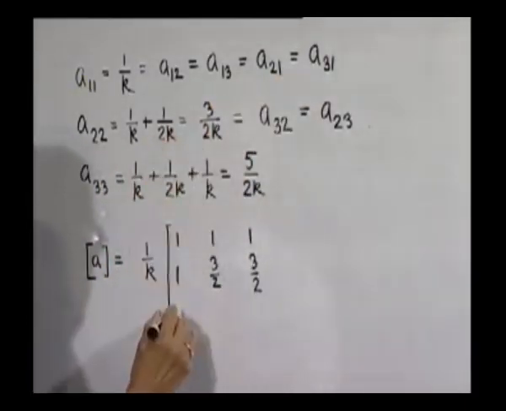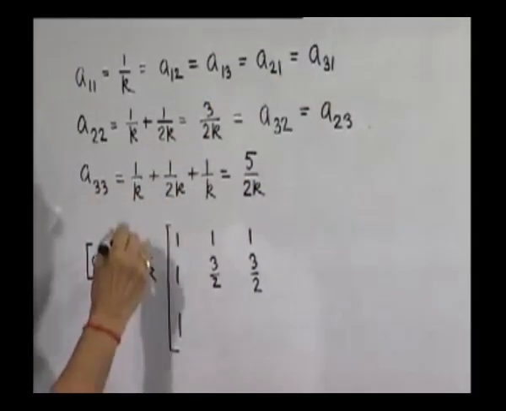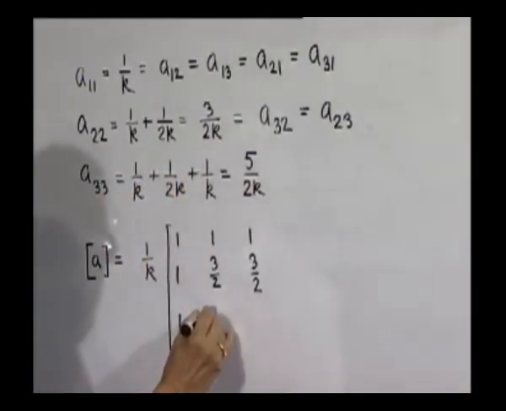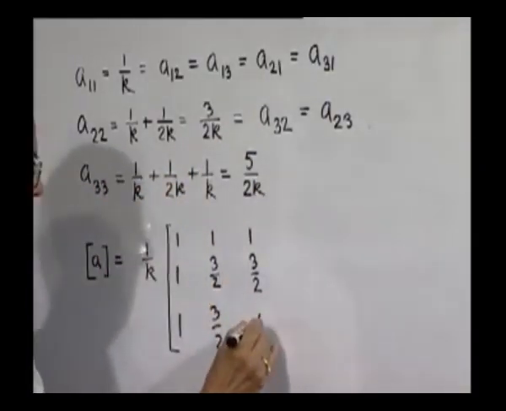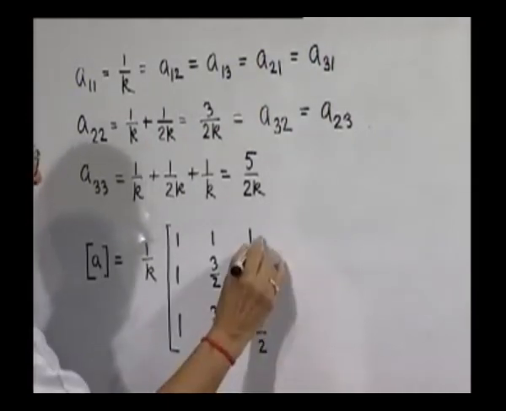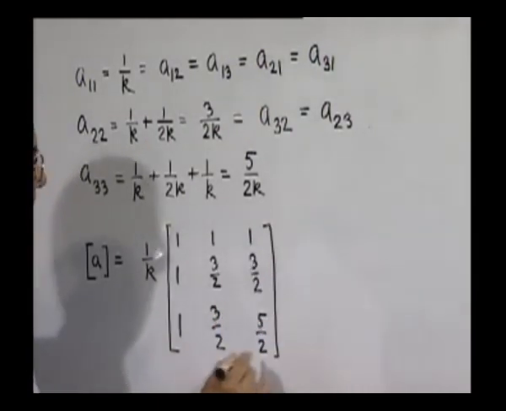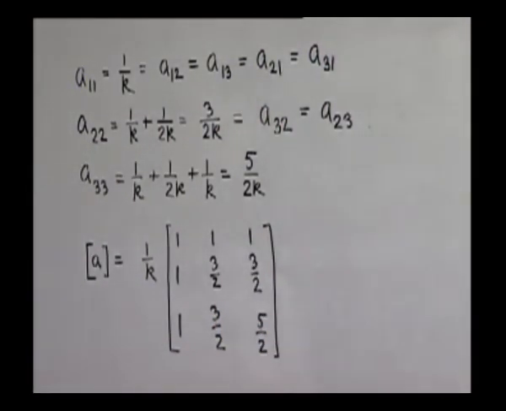A31 is 1, A32 is 3 by 2, and A33 is 5 by 2. This is the flexibility matrix.